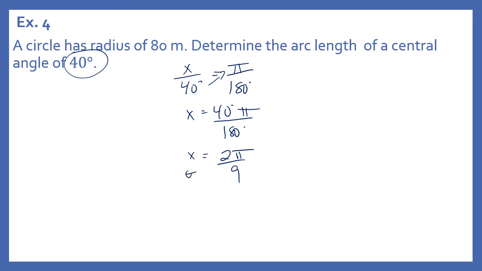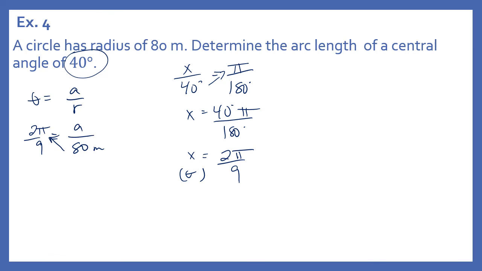So that's x, it's asking for our central angle, theta. Using our formula, theta equals a over r. 2 pi over 9 equals, I'm looking for the arc length. The radius is 80 meters. I'll include the units here.